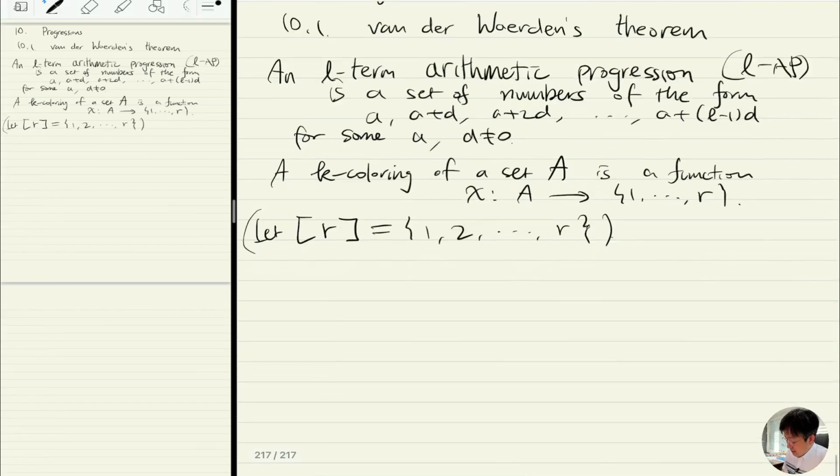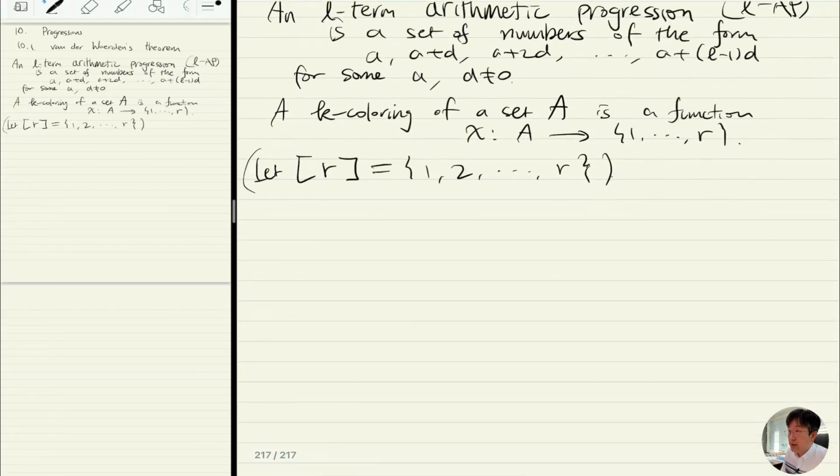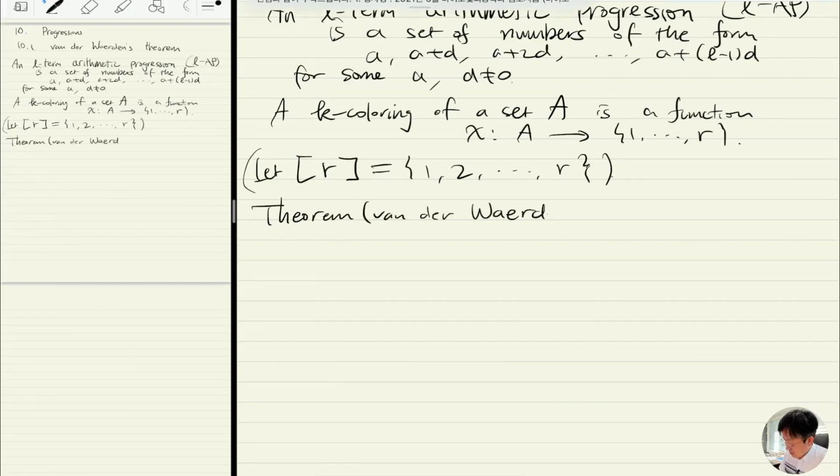Now, here's the theorem due to van der Waerden, who is a Dutch mathematician. In 1927, he proved the following theorem.